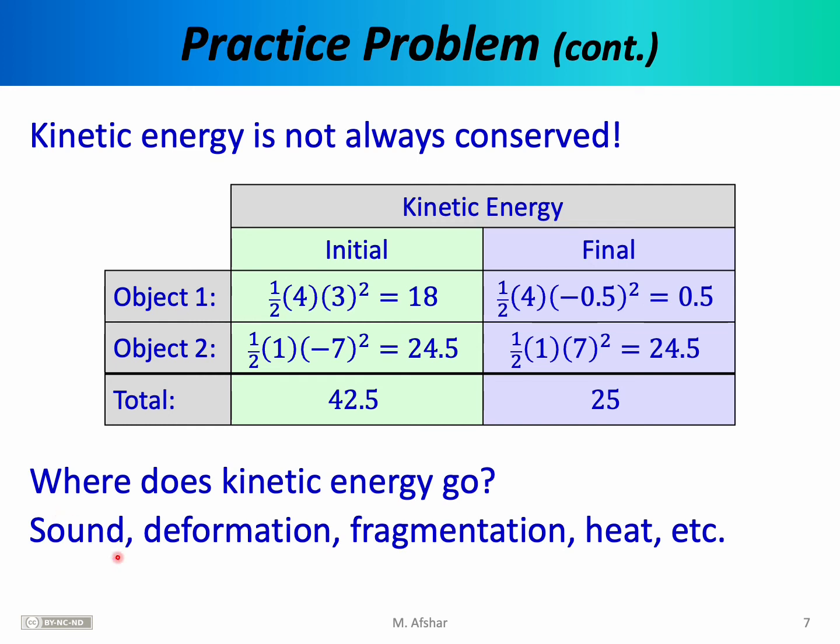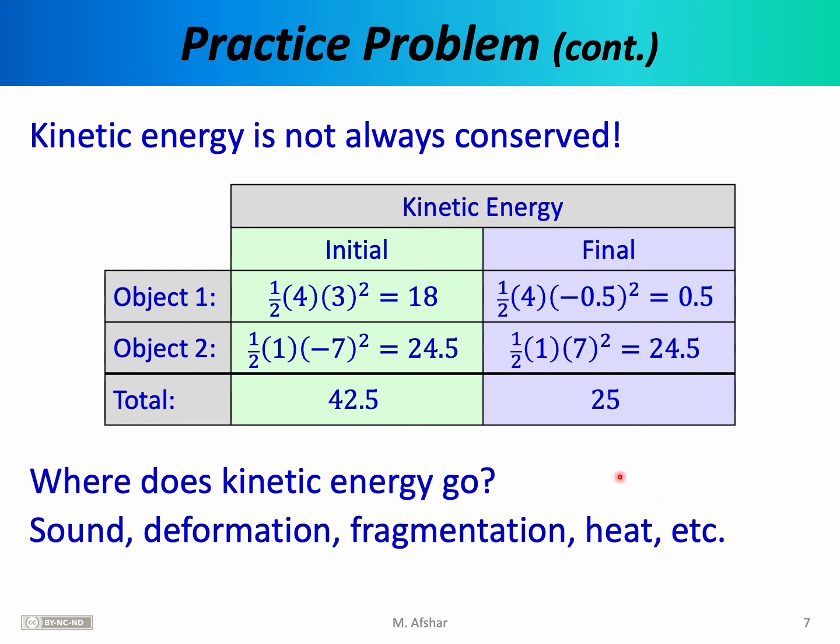In that same collision, things might break, things might get bent, and that takes a certain amount of energy. It requires work to bend or deform objects. So the fragmentation and deformation of the bumper and other car components also takes some of the kinetic energy away. There might be heat that is generated.